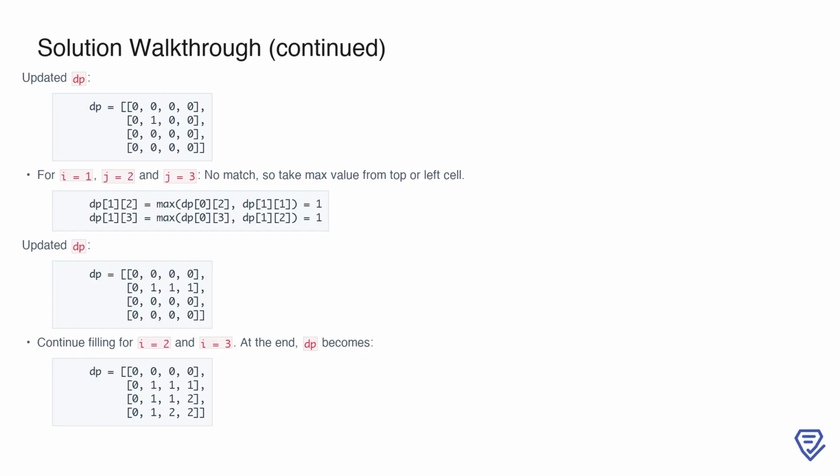As we continue filling the table for i equals 2 and i equals 3, we account for matches and mismatches in a similar fashion. By the end, the final dp table looks like this: the first row remains unchanged, the second row has values 1, 1, and 1, the third row updates to 1, 1, and 2, and the fourth row ends up with 1, 2, and 2.